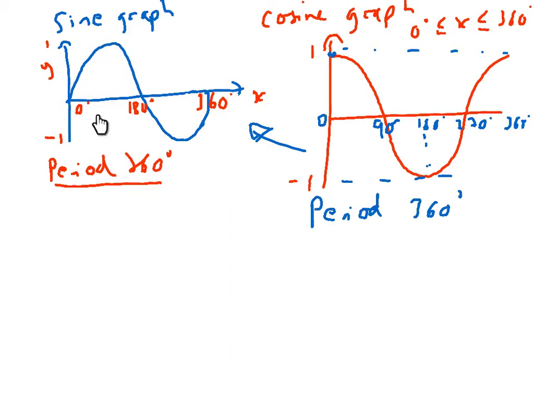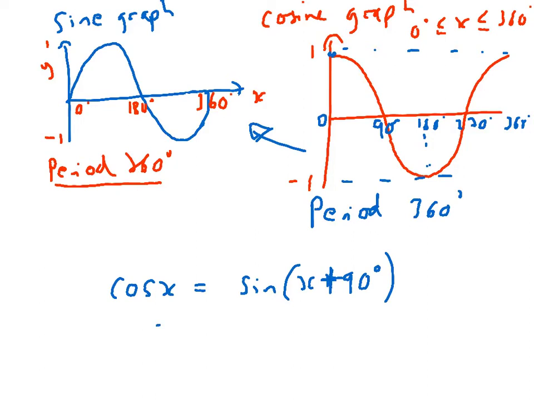So I can actually say that cos x equals sine, and we're going to use our transformations, aren't we? If the graph's moved to the left, sine x plus 90 degrees, yeah? So the cosine graph is sine x plus 90 degrees.